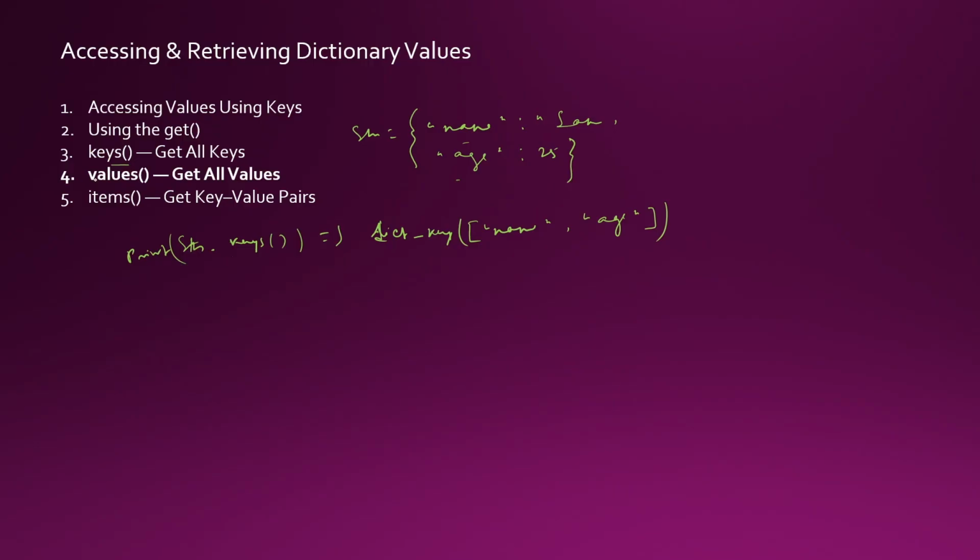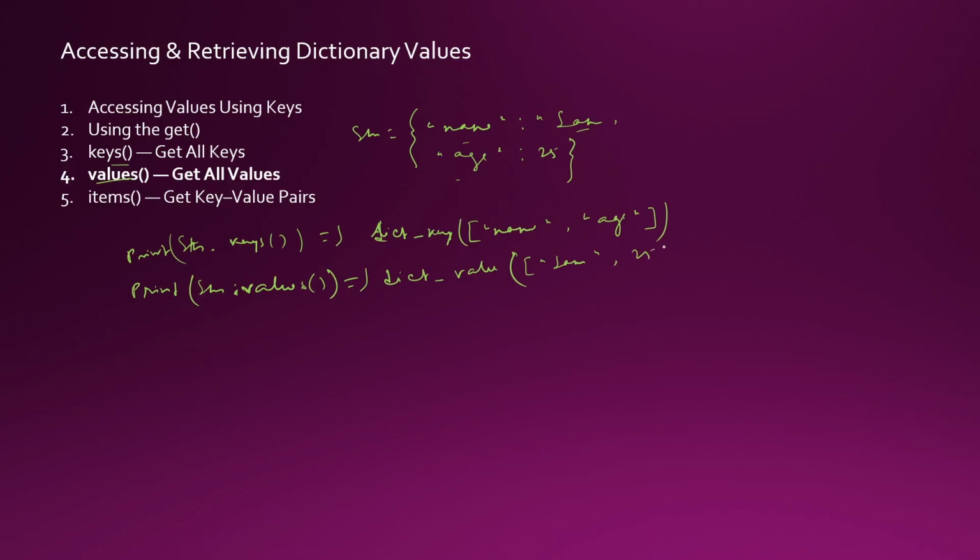In the same way, values gives all the values from the dictionary. So if I write print student dot values and try to print it out, it will give me the output as dict_values, and in this form it will give me all the values.